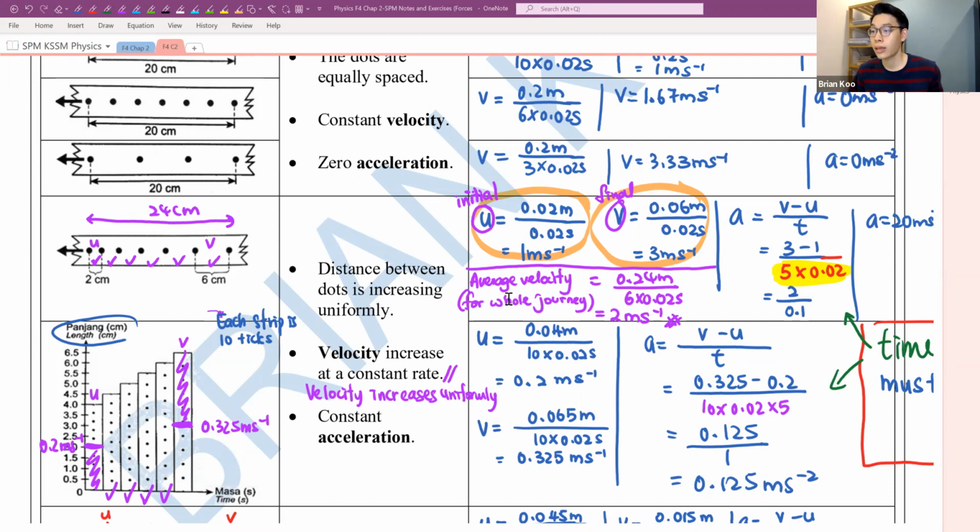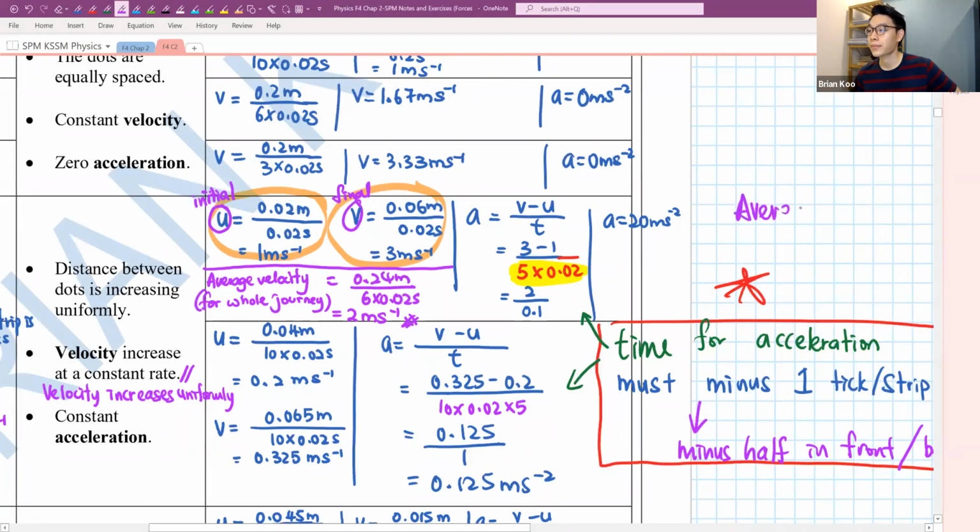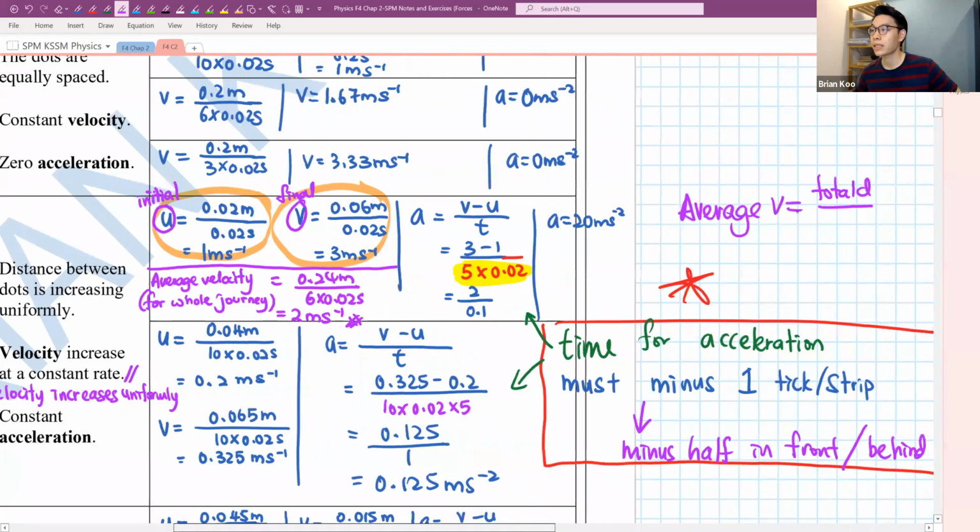Ethan asked me, can I just take the initial plus the final and then divide by 2 to find out the average velocity? He can, but that's not the best way to do it, because for average velocity the formula is total distance divided by total time, or total displacement.